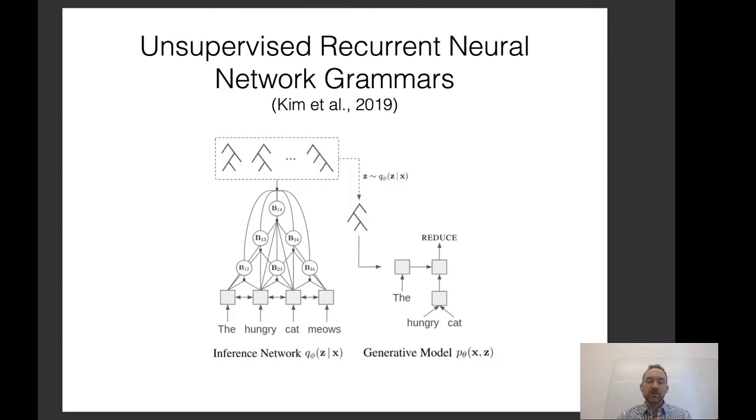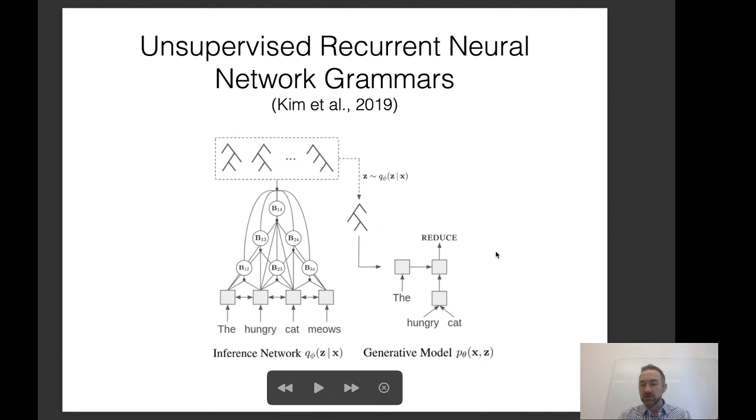Another example of things you can do is learn tree-structured latent variables. We've talked about them before: you calculate essentially the syntactic structure of sentences. We talked about tree-structured composition functions and other things like this. This unsupervised recurrent neural network grammars paper is interesting in that it demonstrates that this can be used to induce a good language model.